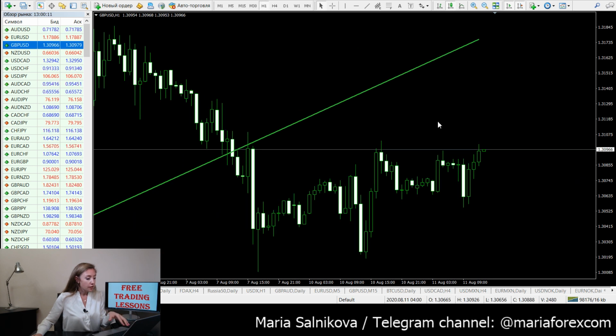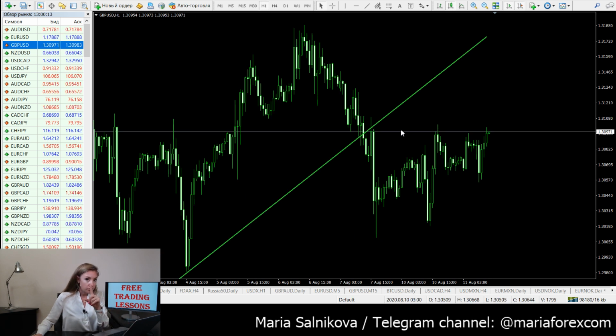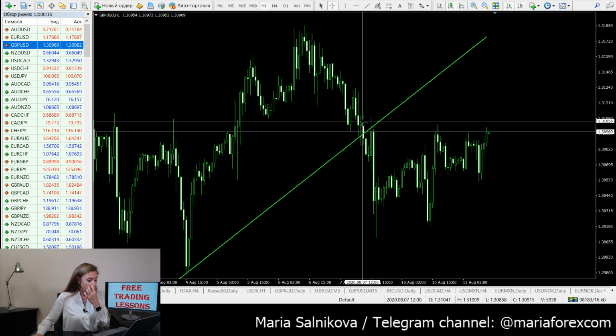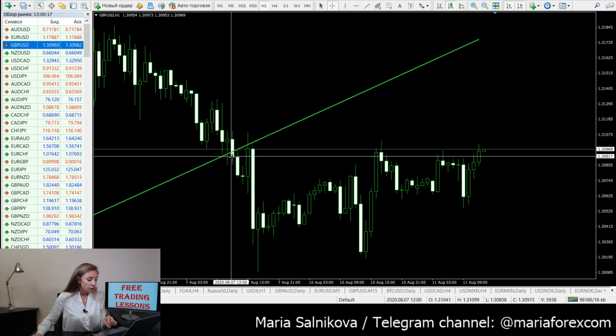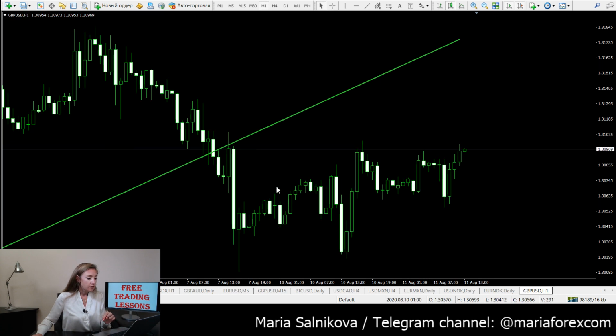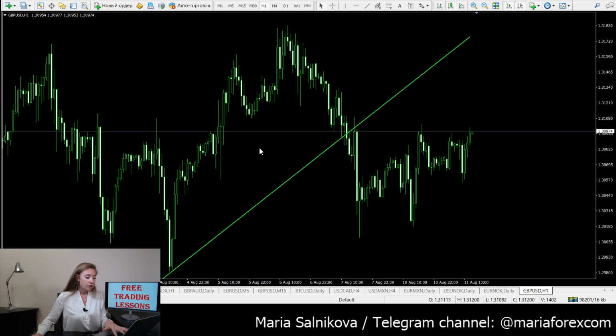So what it looked like on a 1 hour chart. Look here. They give you a close price of the 1 hour chart under the tendency line. After that, they go to retest this tendency line. This is nothing that I just made up in my head. This is something that you can see with your eyes right now.